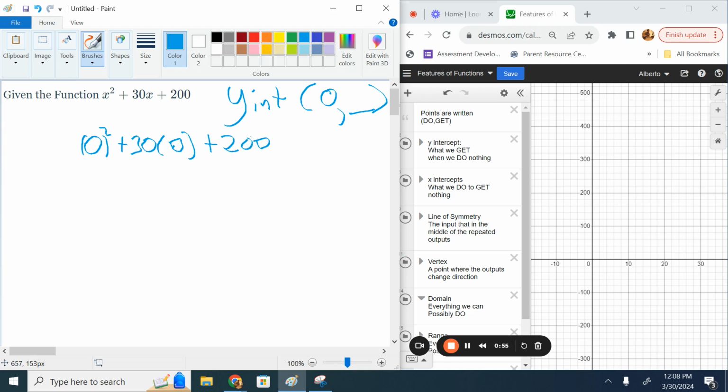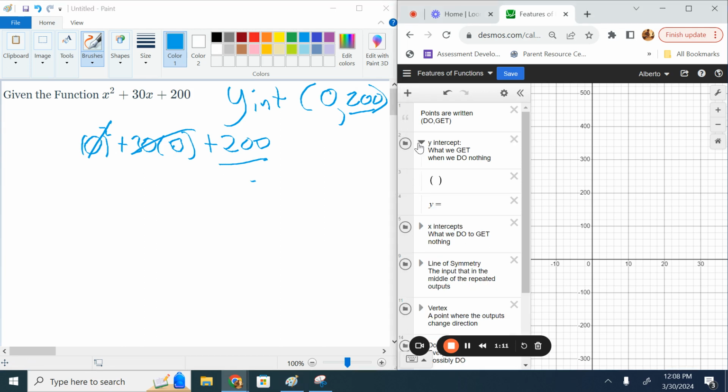Some of you might need to write this out, but 0 times 0 is 0, 30 times 0 is 0. That's why we say it's easy, because those two parts go away and we're left with the 200. So our y-intercept is (0, 200).